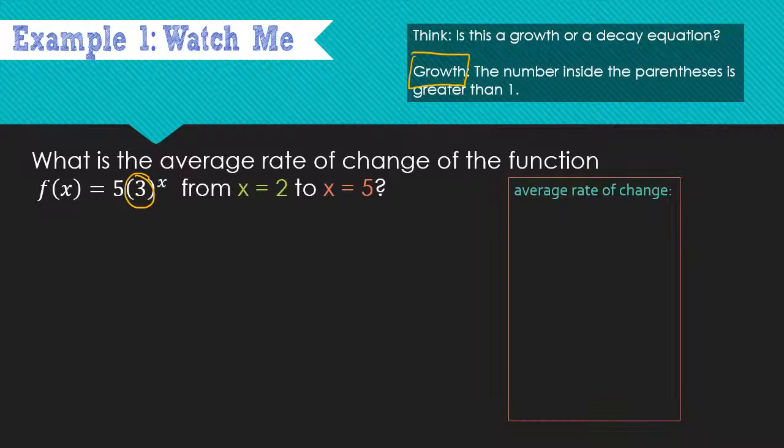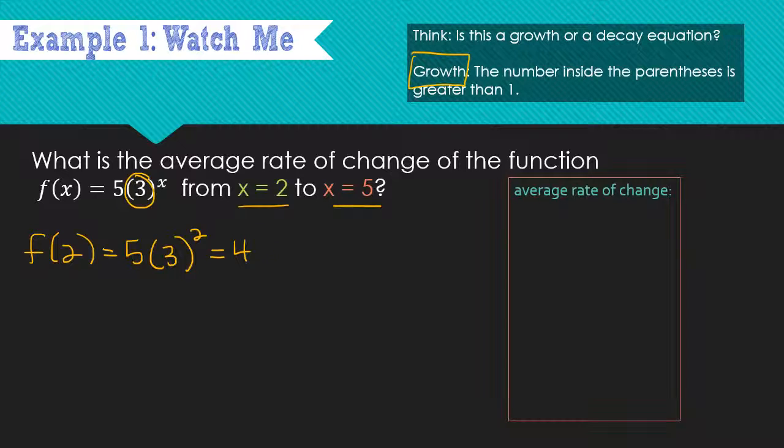So I need to start by evaluating my function at both of these points. So f of 2 would be 5 times 3 to the second. So when I evaluate this, in my calculator, you can use your calculator or you can use Desmos if you need to.